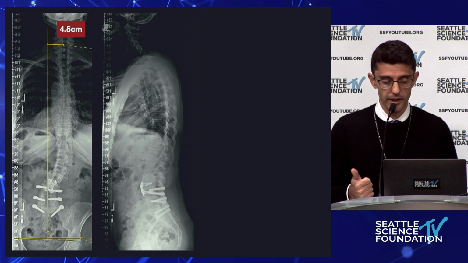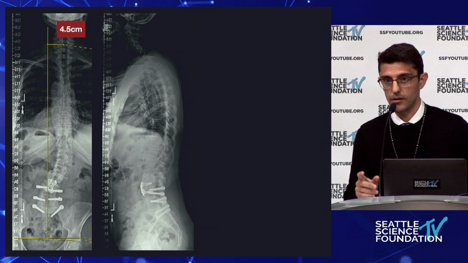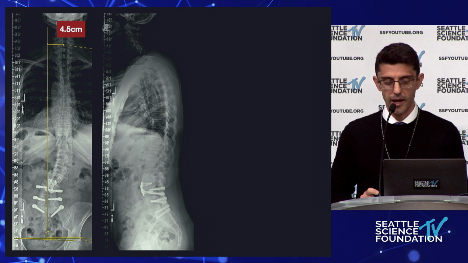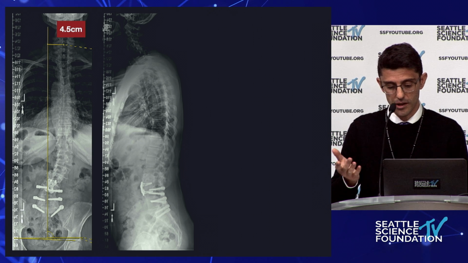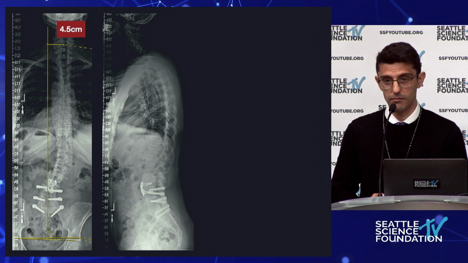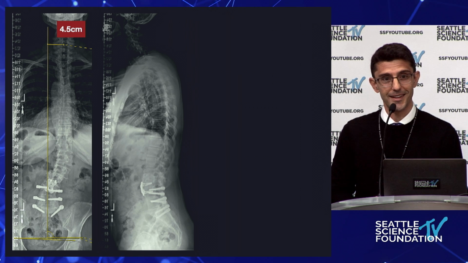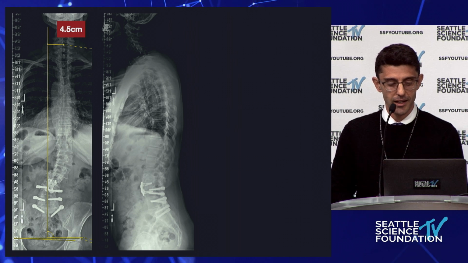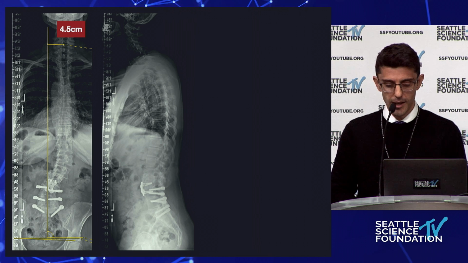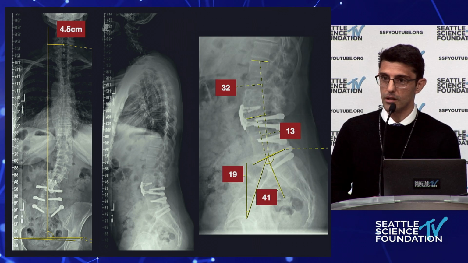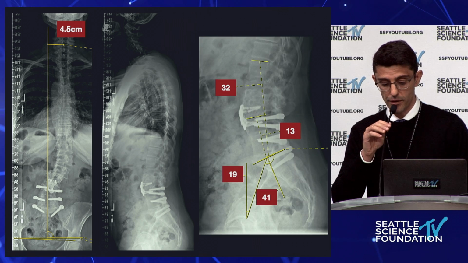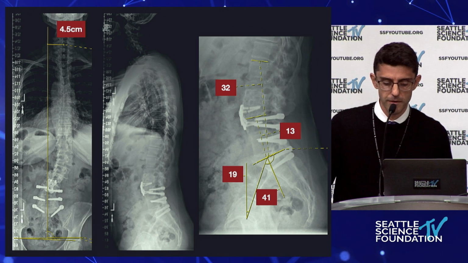If we look at her sagittal plane, deceptively, her global alignment is okay, and it's because she's compensating. She's actually not terribly old. She's 55 years old. So the C7 SVA is less than 5 centimeters. But if we look regionally, she has very, very severe lumbopelvic mismatch.